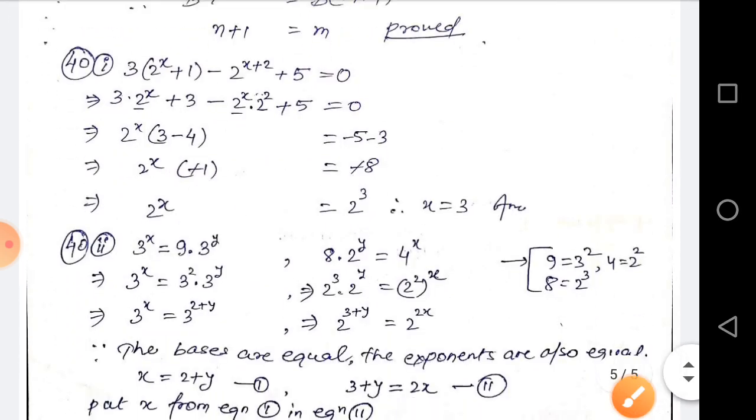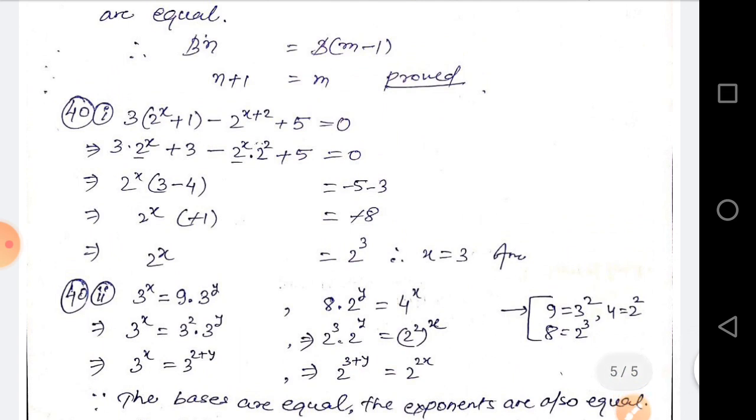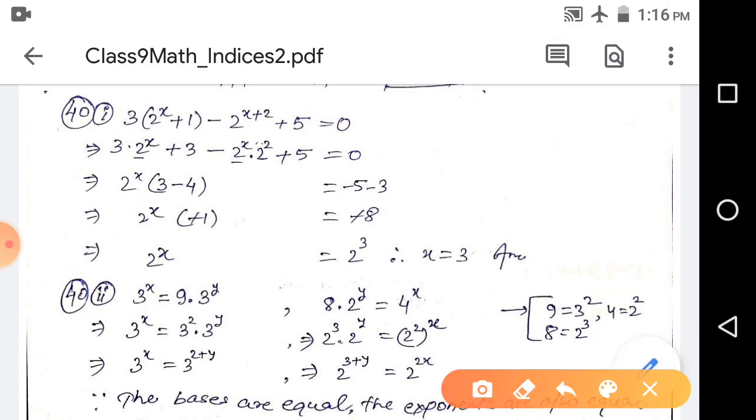We have 2 bits for the question number 40. See the solution here. For the bit 1 we have 3 whole into 2 power x plus 1, and here we have 2 power x plus 2 and plus 5.